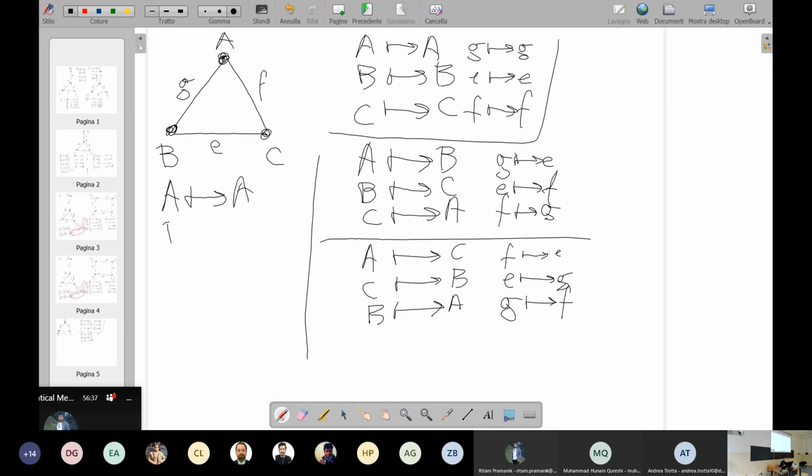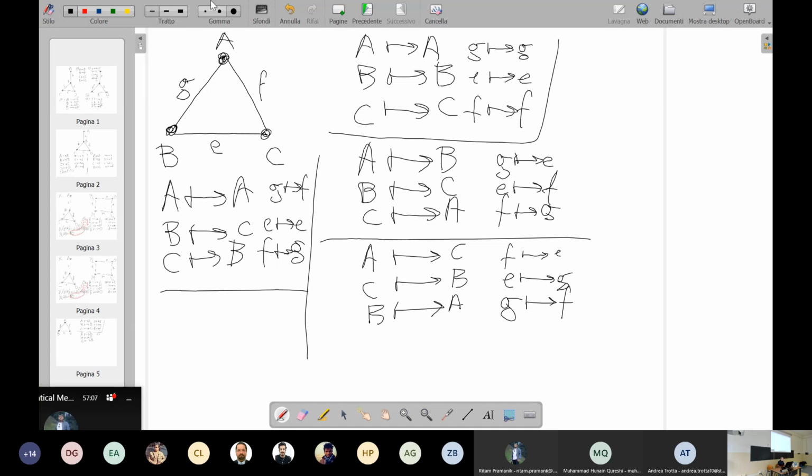A to A, B to C, C to B. But consequently, of course, we have G to F, E to itself, and F to G. Okay, so we have the fourth one, but there are two more in the same way.